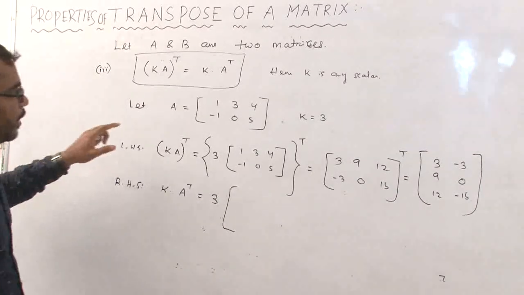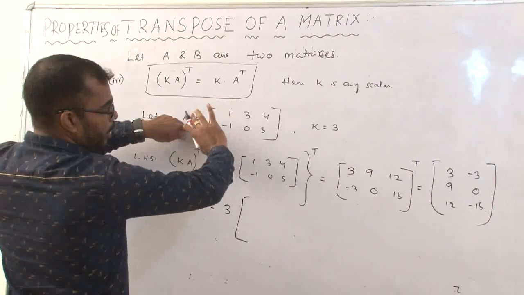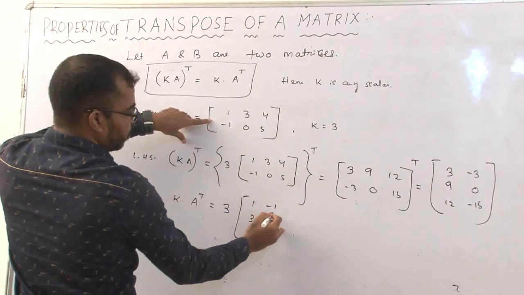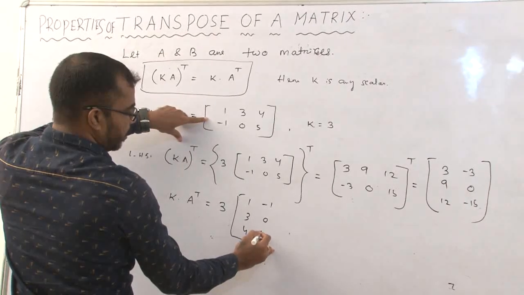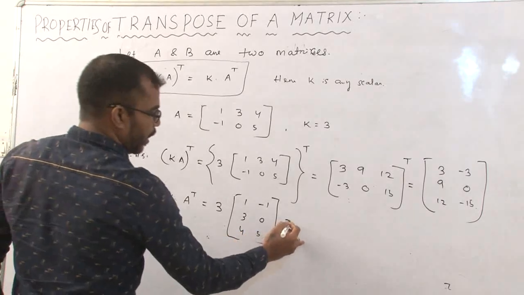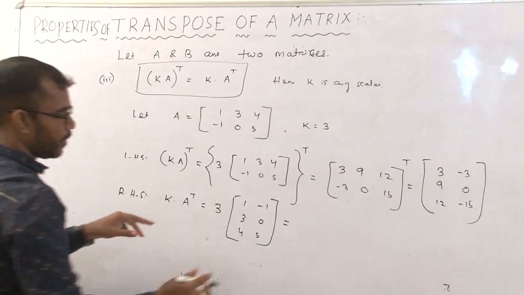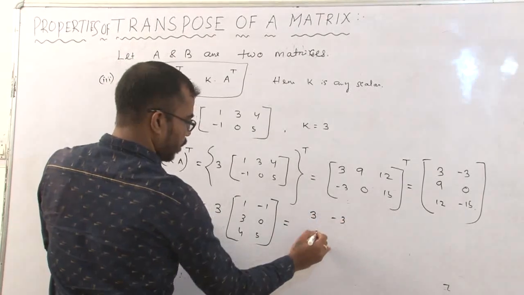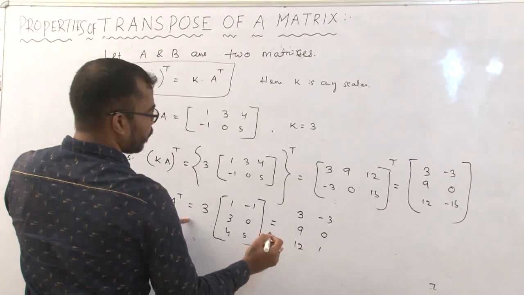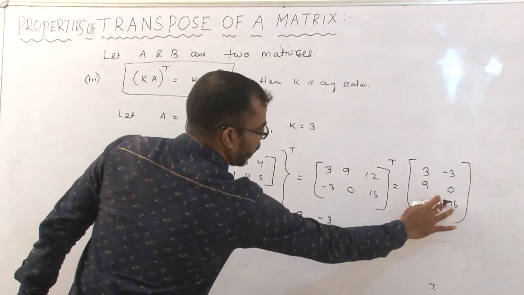And the transpose of A is 1, 3, 4, minus 1, 0. We already wrote the transpose of A. Now if we multiply 3 into all the elements, I get 3, minus 3, 9, 0, 12, 15, not minus 15.